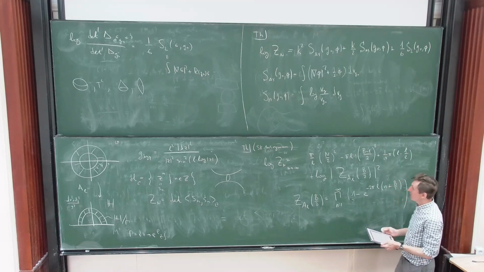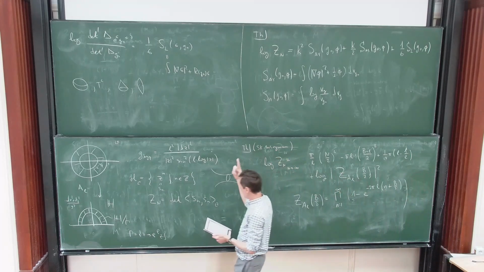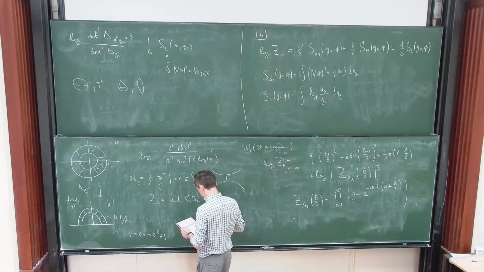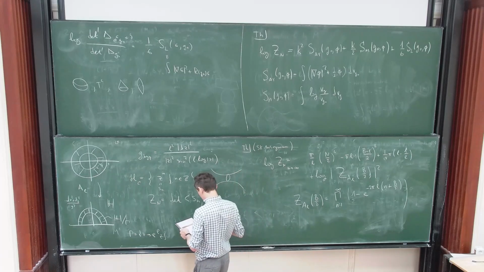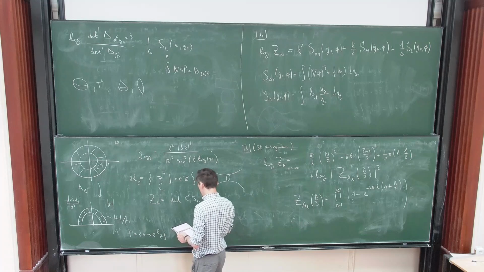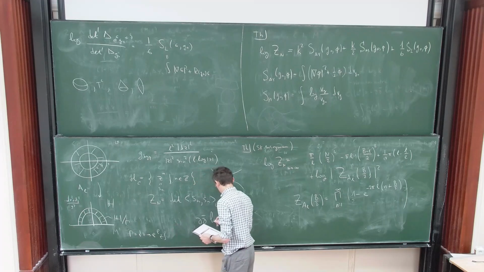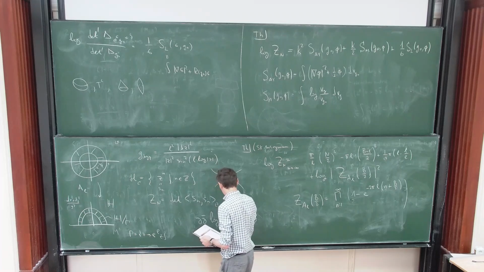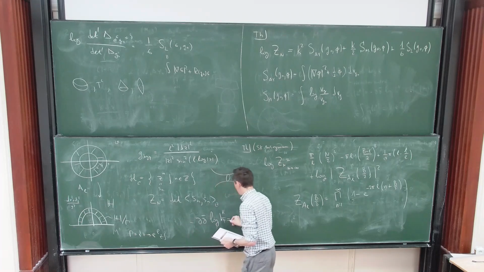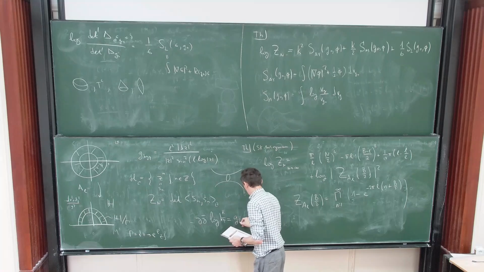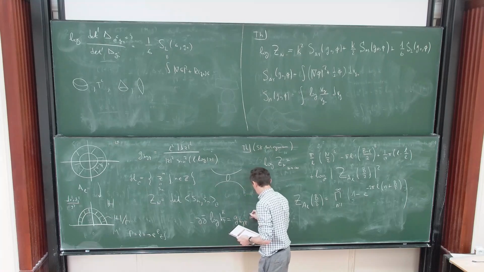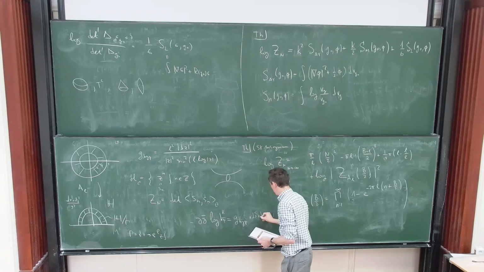I didn't say what b is, because before I had k. So my Hermitian metric here: d bar log hk minus 1 is equal to g hyperbolic times i dz dz bar.